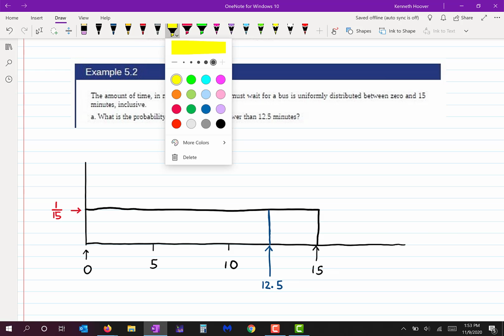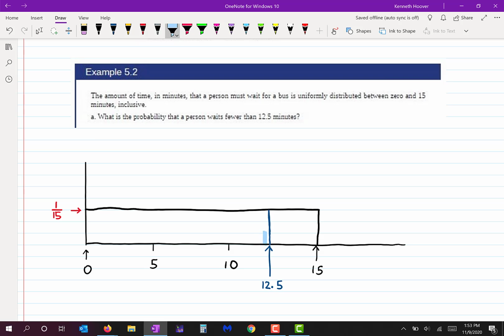Let's do this. We'll shade it so that way we can still see it, but shade it with a light color so we can still write on top of it. Okay, so what is that area?